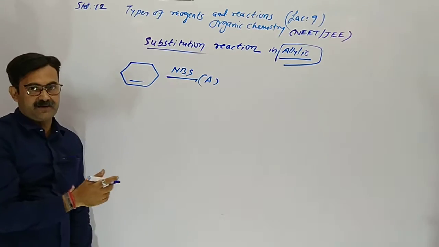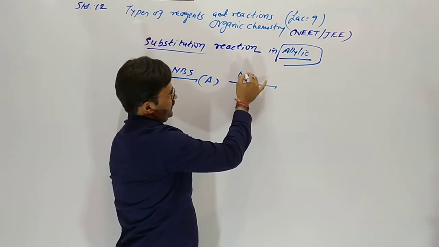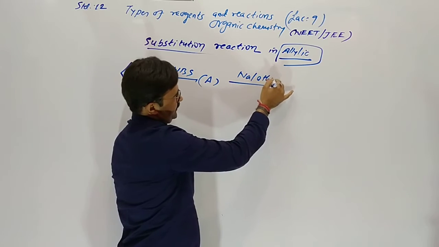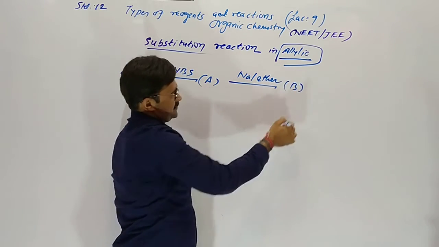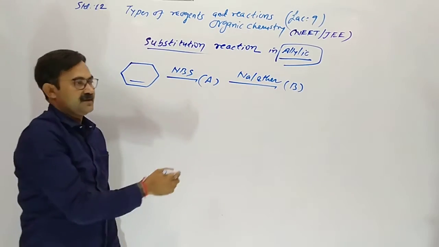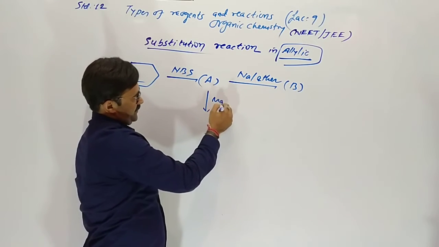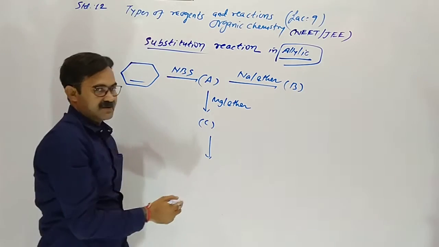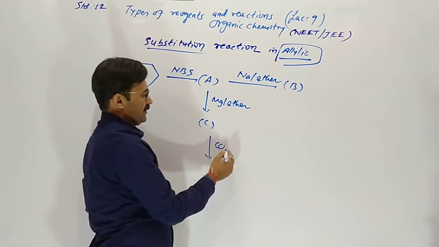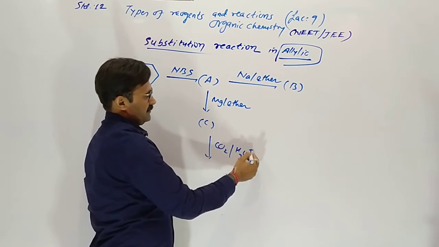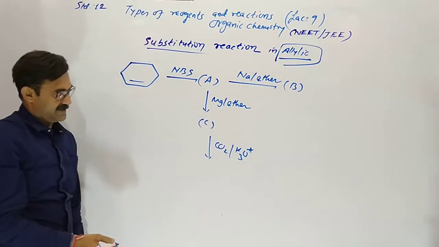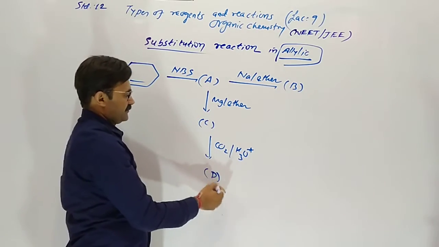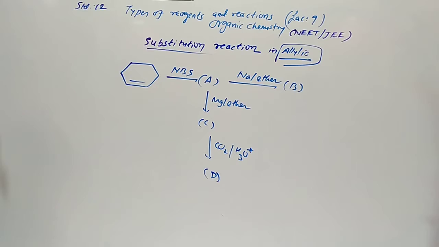It gives product A. Product A reacts with sodium and ether, gives B. Now A with magnesium and ether gives C. C reacts with carbon dioxide and then after hydrolysis in acidic medium gives D. Find out A, B, C and D.